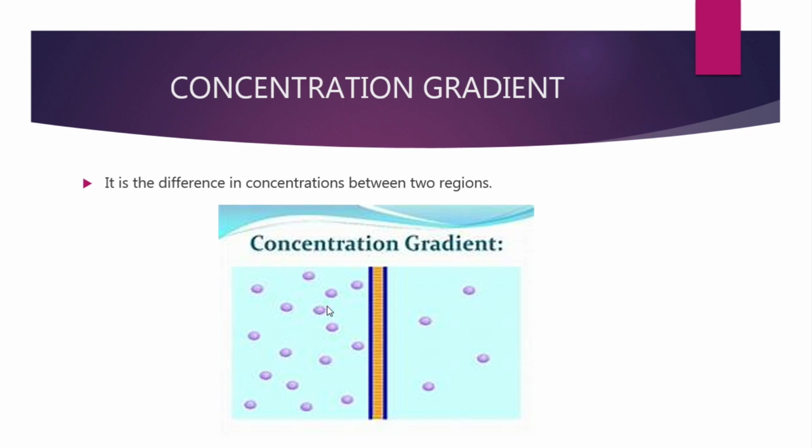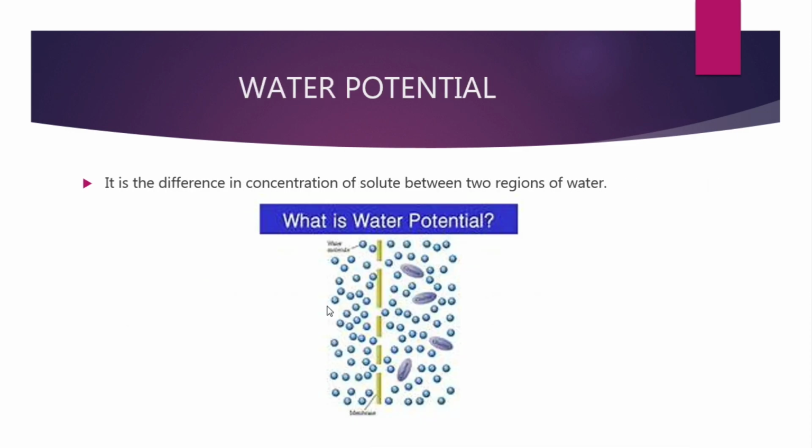And the surface area also affects the rate: if there is more surface area present, the diffusion rate would be faster. But if there is less surface area available, the diffusion rate would be lower. Now the next thing we need to learn is what is water potential.